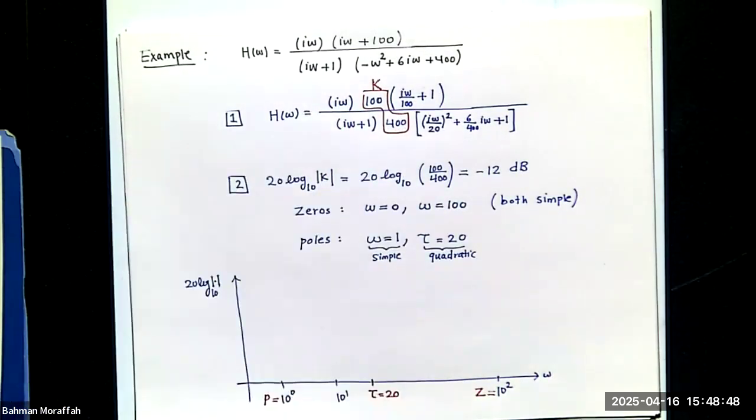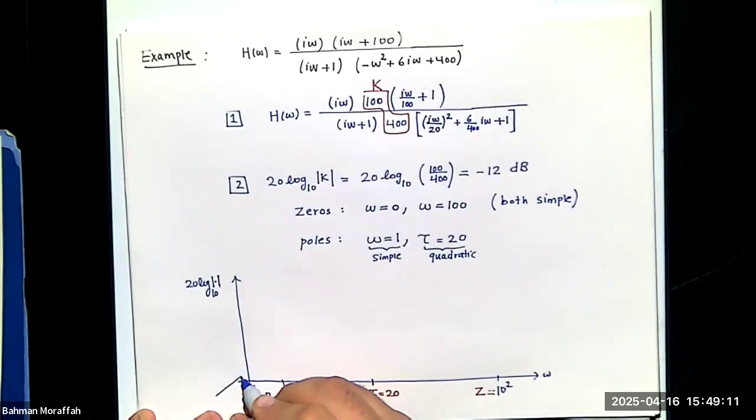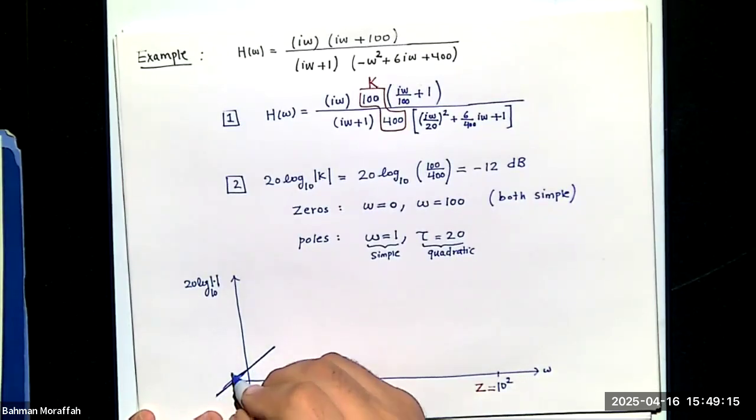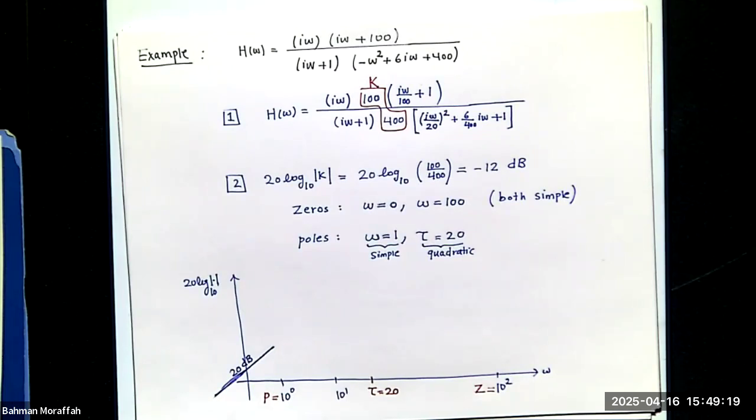I know I have a simple 0 at the origin, so I know I'm going to start from negative infinity and go up all the way with the slope 20 dB, right? It is 20 dB because it's a simple 0 at the origin of order 1, right? So I'm going to have this going all the way up with slope 20 dB, right?